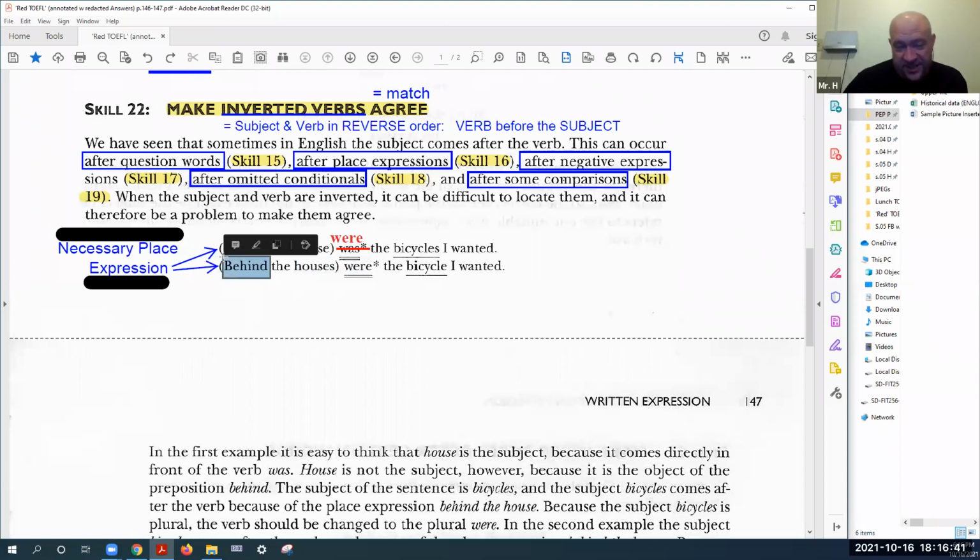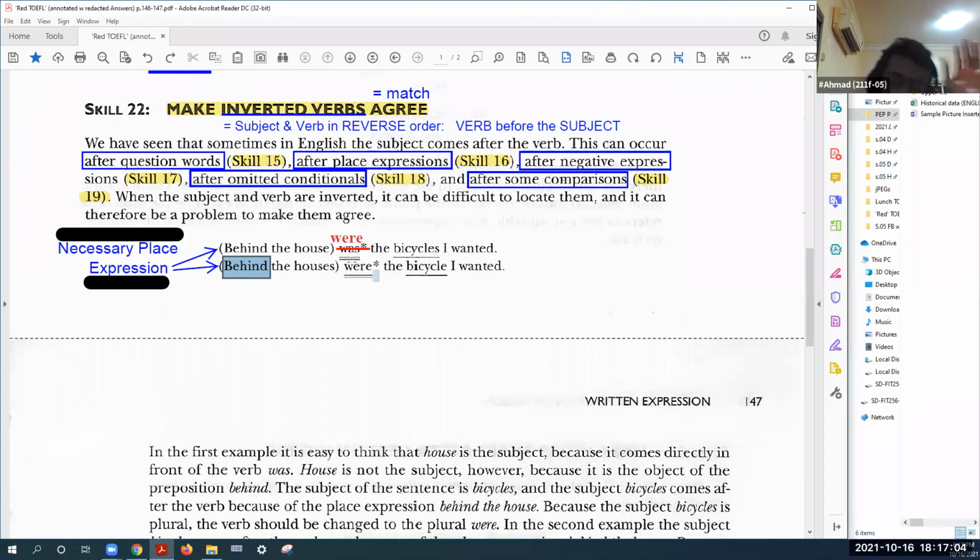What is this? Tell me that. "Behind." What part of speech? Preposition. Bingo. "Behind" is a preposition. So what about the houses? The houses is the object of the preposition. Exactly.